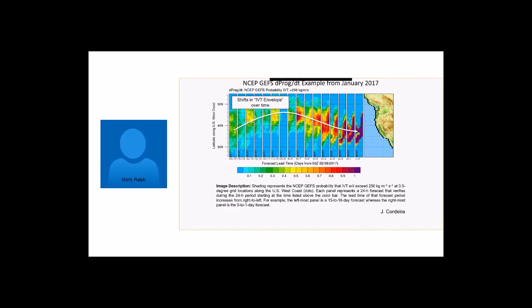But what it ended up happening was the forecast tended to bring the AR further and further south as the storm got closer, and we became much more confident in it about a day or two ahead that it would actually hit much of California. This is what we call DPROG-DT. It's a very interesting way to portray how forecasts change with time as an event is approaching.